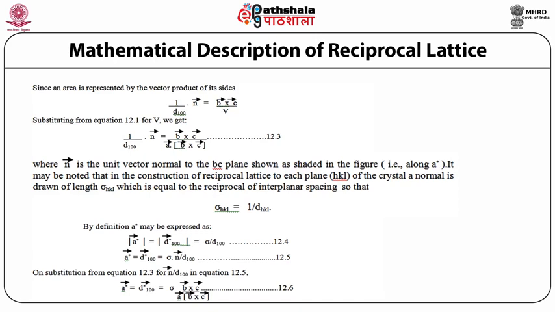a star vector equals d star 100 vector equals sigma into n vector upon d100, which is given as equation 12.5. On substitution from equation 12.3 for n upon d100 in equation 12.5, we get a star vector equal to d star 100 vector equal to sigma into b cross c upon a into b cross c, which is given as equation 12.6.